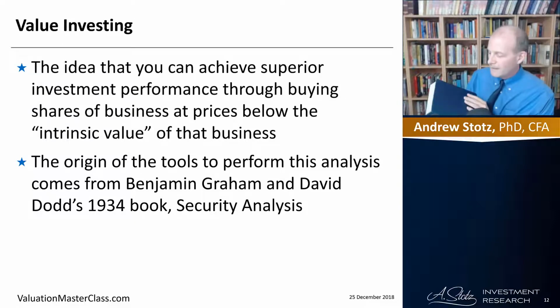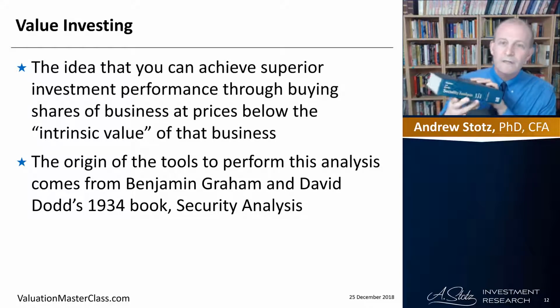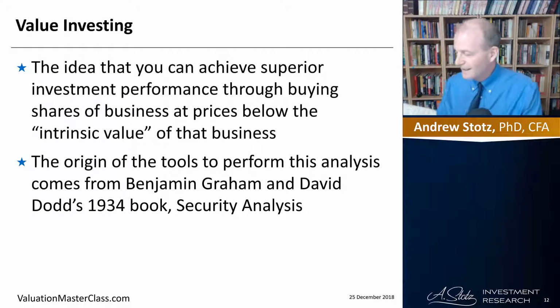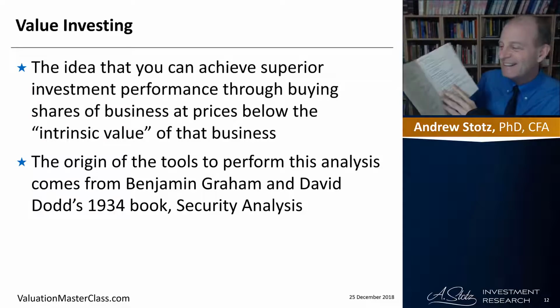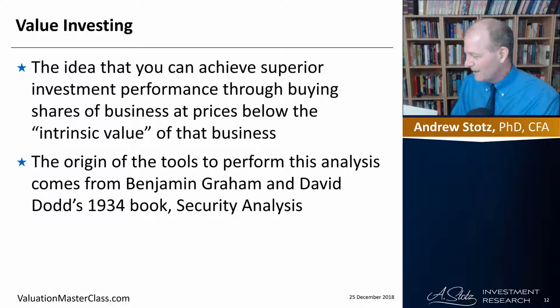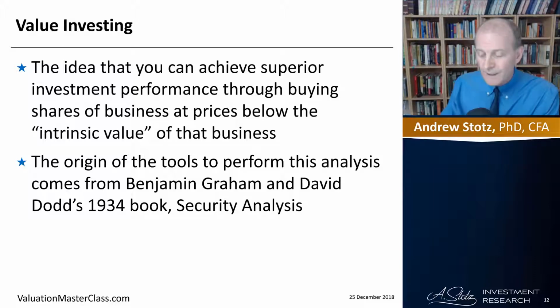And there you have my original version of it, Security Analysis, and it had all the ratios and everything in it. And this one was printed in 1988 is when I got that one.